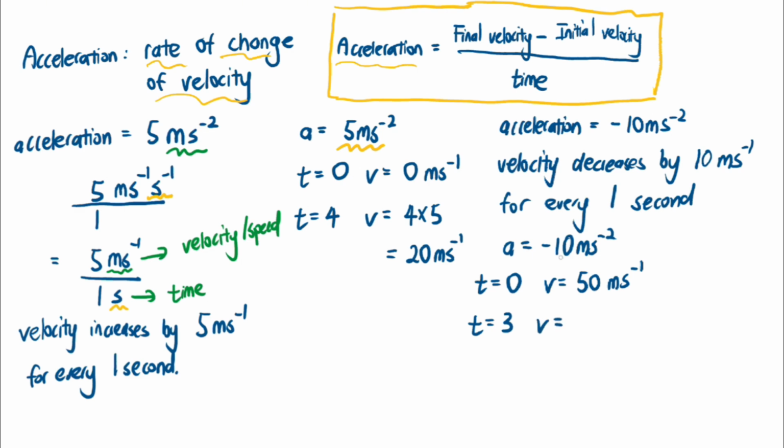Since the acceleration is minus 10 meters per second squared, every 1 second its velocity will decrease by 10 meters per second. So after 3 seconds, the velocity of the car will have decreased by 3 times 10, or 30. So the final velocity we can calculate by using 50 minus the decrease, which is 30, and you get 20 meters per second.